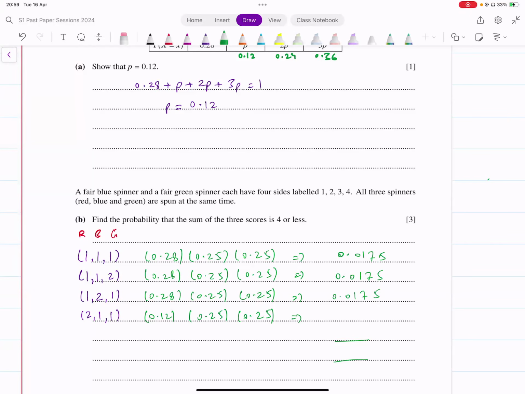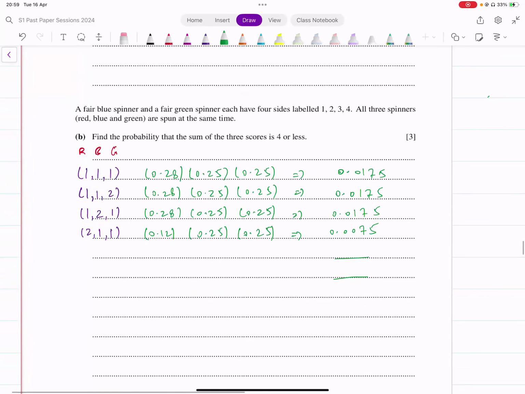That's 0.0075. Now you just add all of these numbers and that gives you the result. Let's see what this turns out to be. 0.0175 into 3 plus 0.0075, and that turns out to be 3/50, which is 0.06. So this is actually 0.06. That's the probability that we get from this.